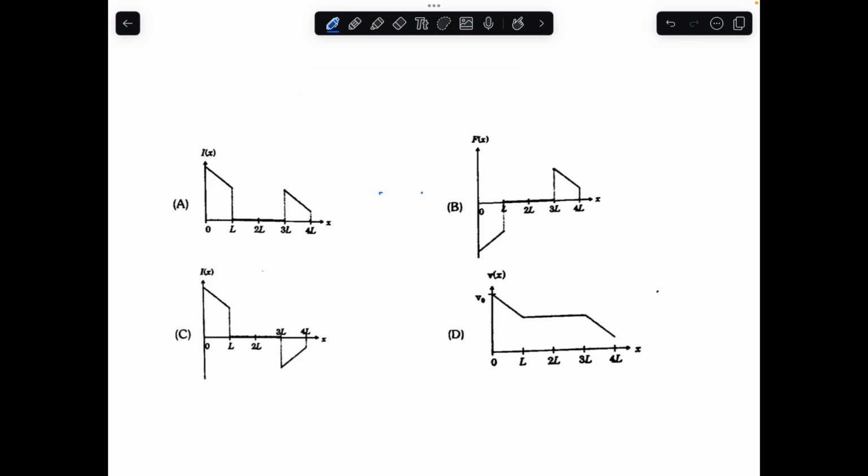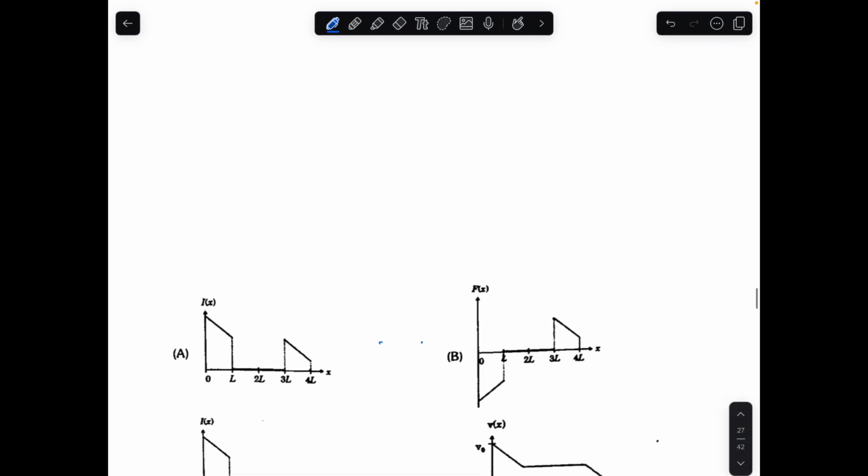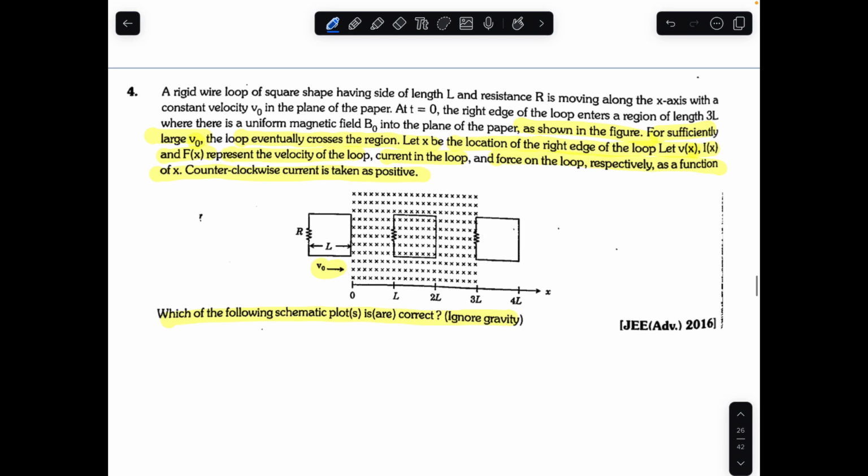So first of all, before going to these plots, I'll try to find the velocity as a function of x, and force as a function of x. These two things, if we can find the equation, then it will be easier to plot the graph.